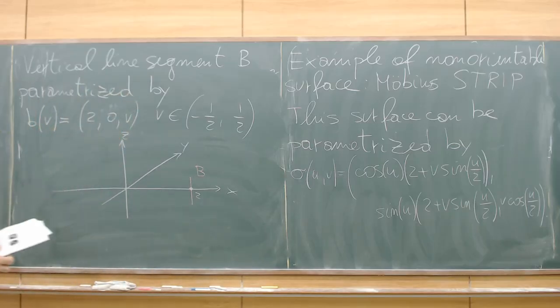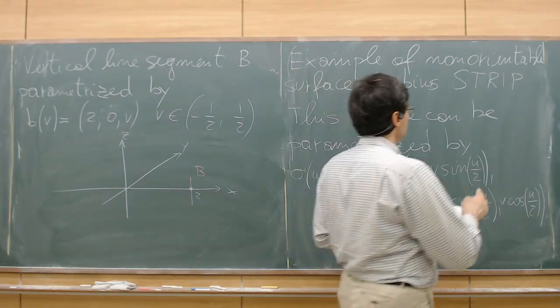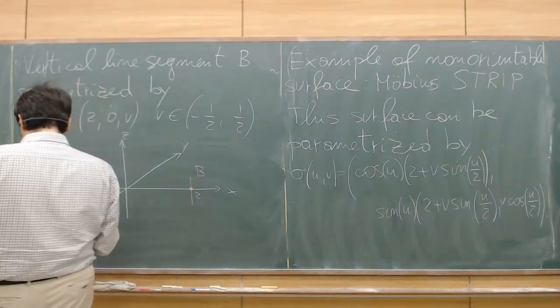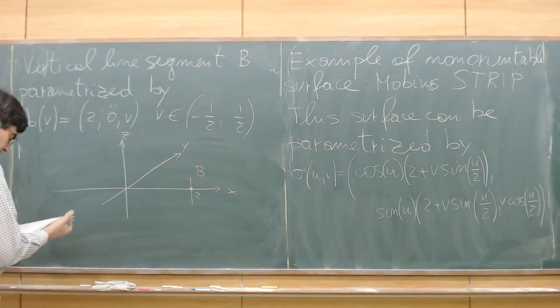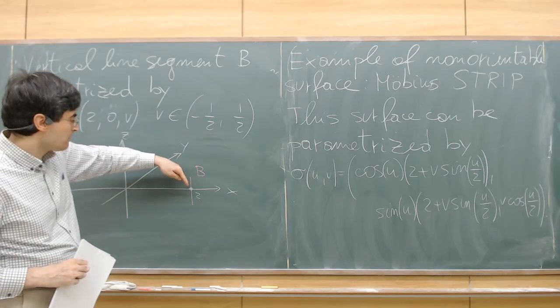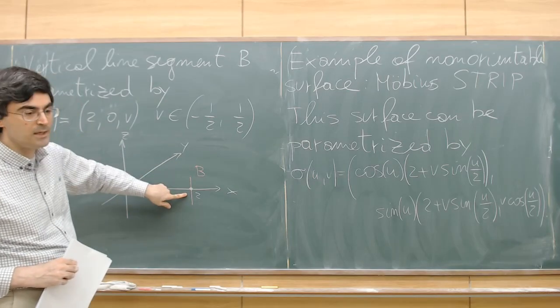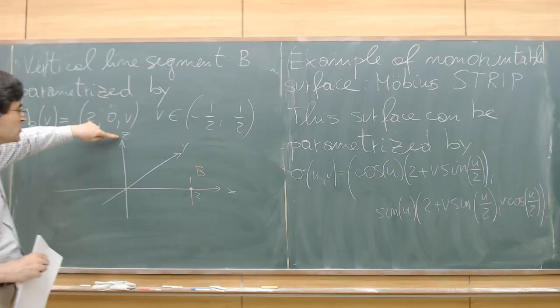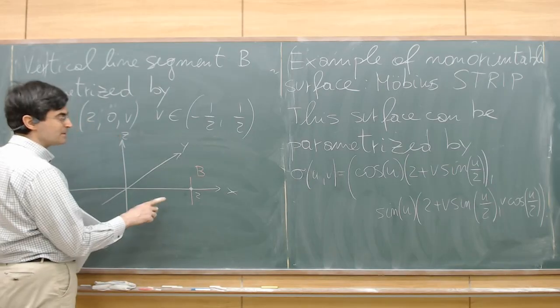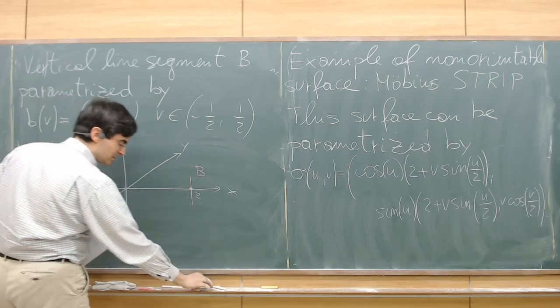Now, in order to get the Mobius strip, you have to write down a map which represents a rotation of B around the z-axis, while at the same time B rotates this way.